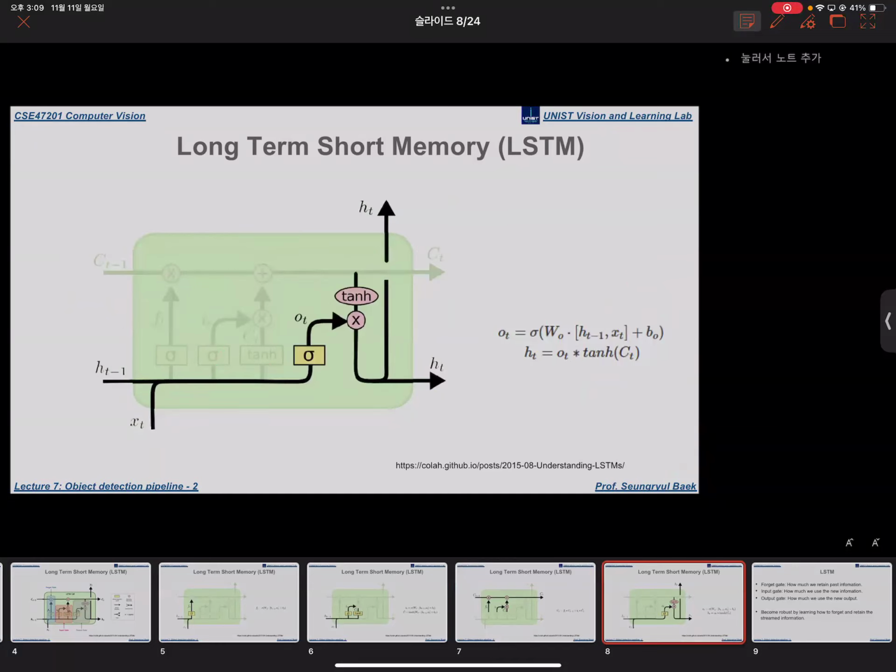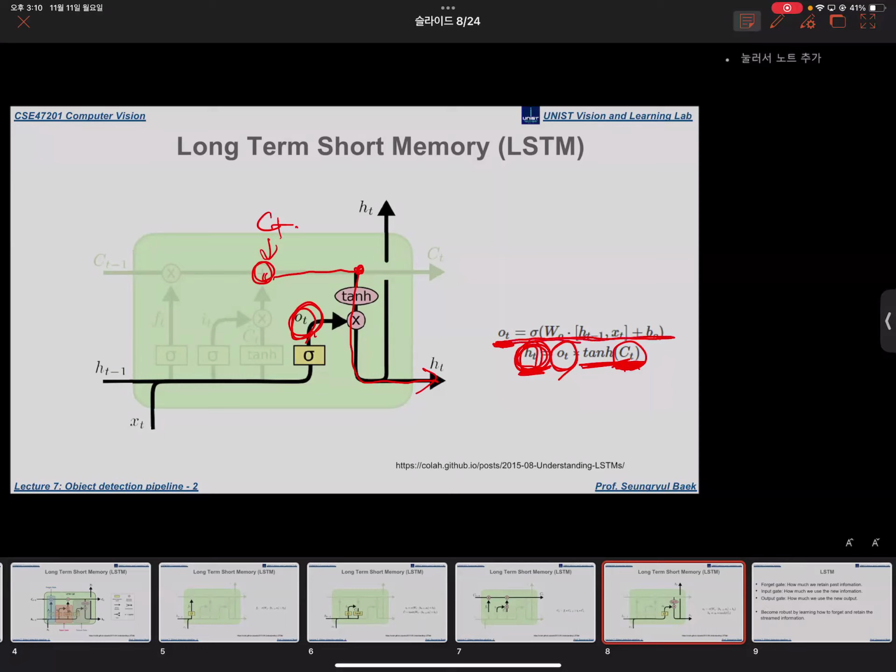And also, for making this h, you also have to make this h of t. For doing that, you will estimate this h of t from the C of t we just obtained here. So here you will apply the hyperbolic tangent and also multiply o t, which is the controlling vector for how much information you will retain for the output dimension.